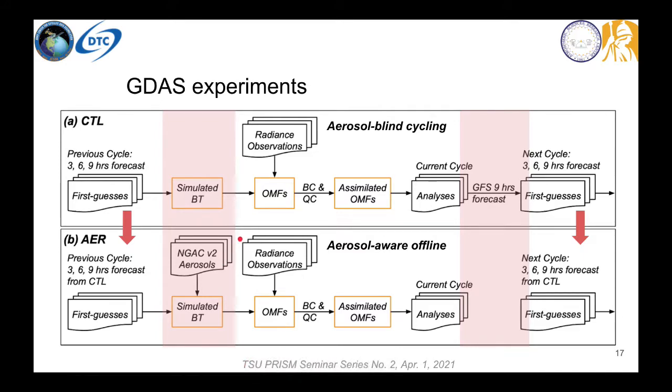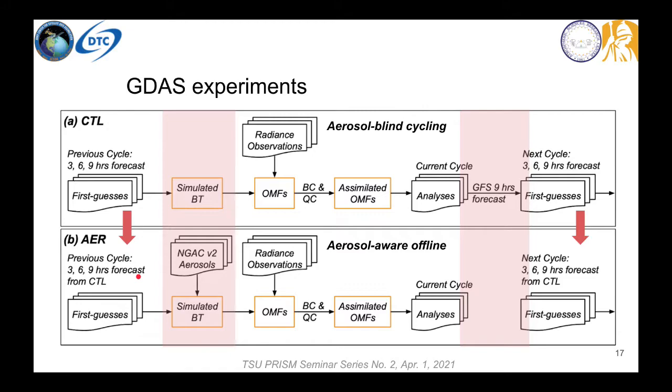So in the next section, I will demonstrate the aerosol impacts on the GDAS analysis with two experiments. The first experiment is the control run, which is the operational-like experiment.